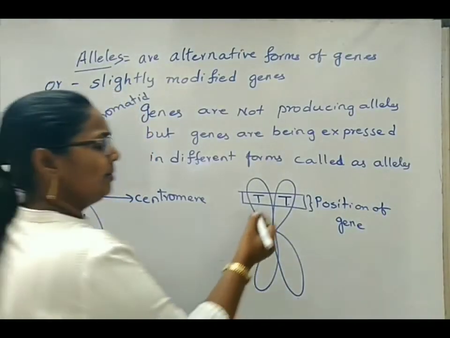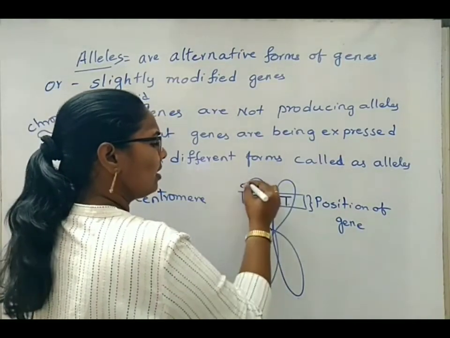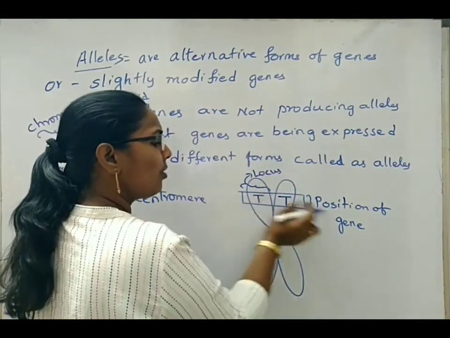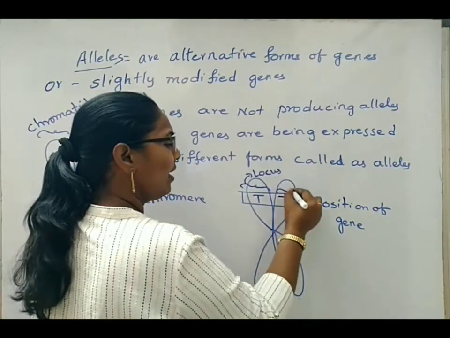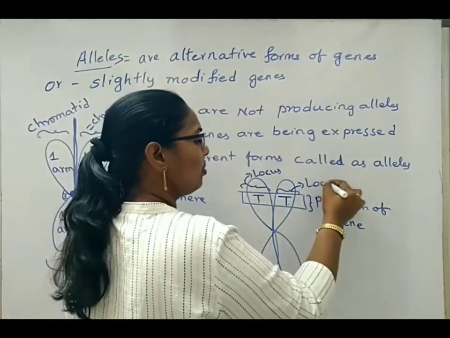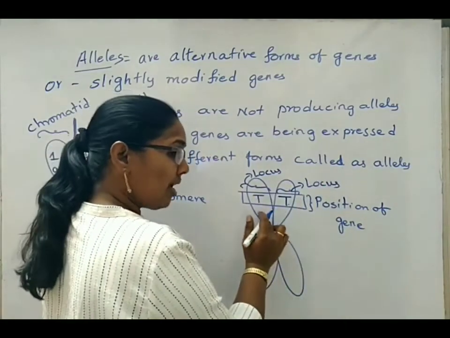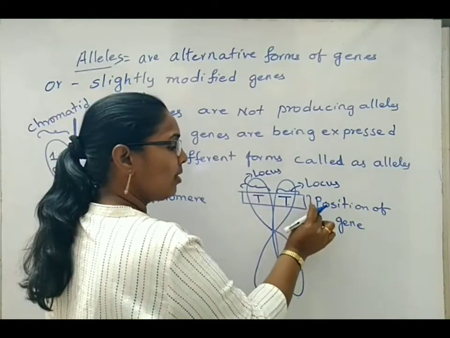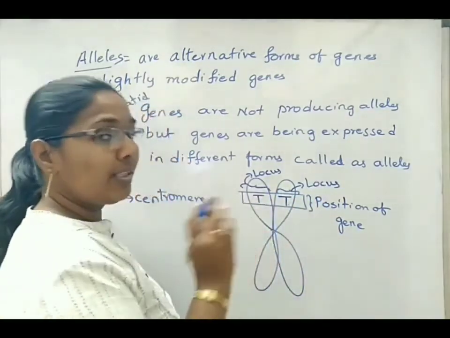Here, this part is called locus, the position of the gene. Again, this part on the chromosome is also called locus. On each arm, the gene is located at the same position. This is the fixed position of that gene.